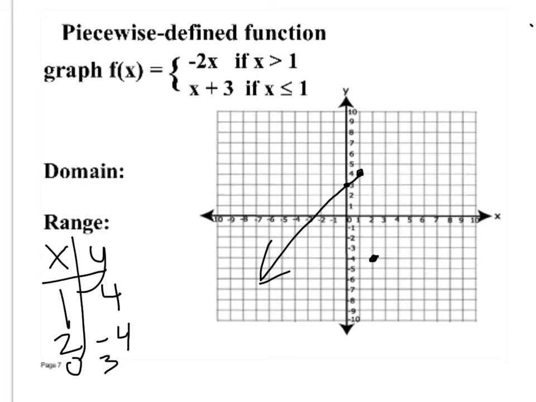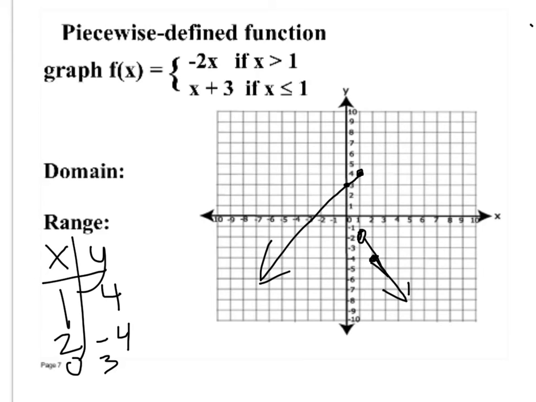For my graph of negative 2x, it's going to go in this direction. But I need to go on to 1 because it's going to be an open circle around 1, so it's going to be right about there. So that's an open circle, and it's going to go in that direction, right?